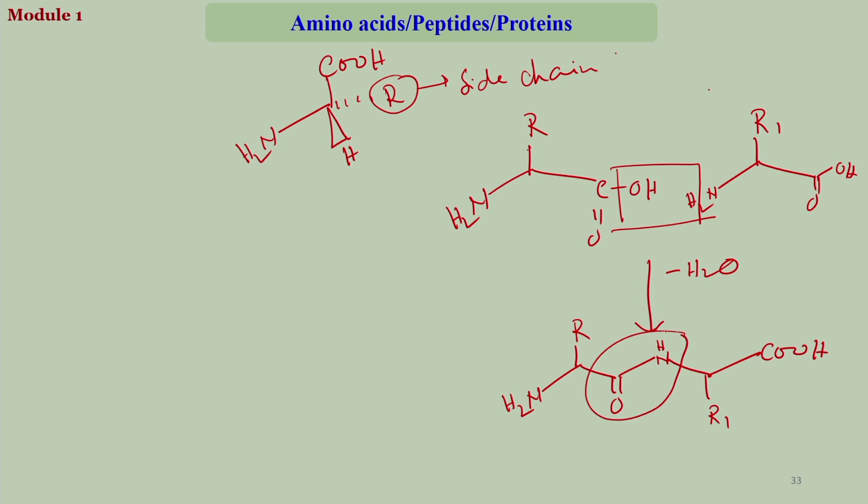This is the new bond that has been formed, that is basically an amide bond, but since this is present in the amino acid environment, we have given it a specific name, we call it a peptide bond, and that is how came the name peptide.